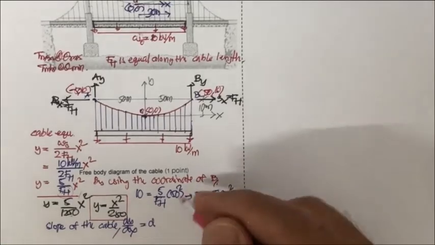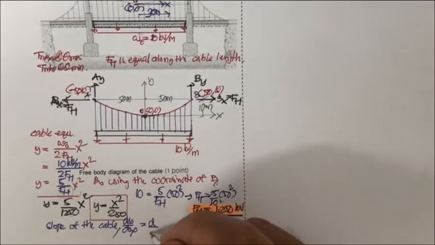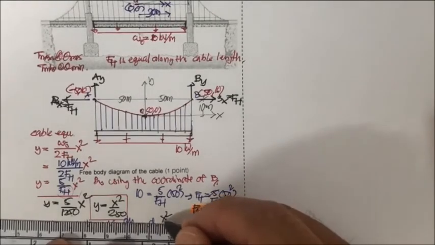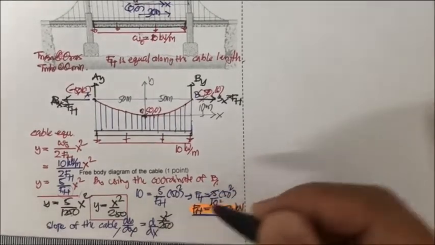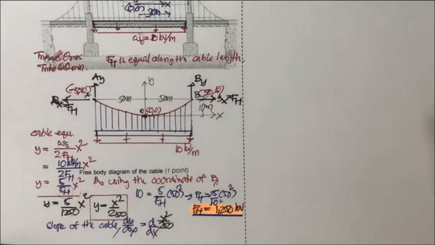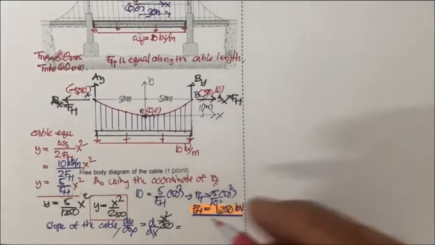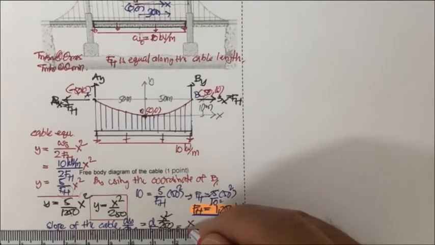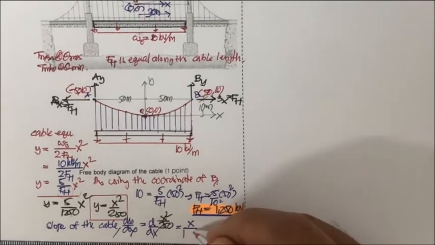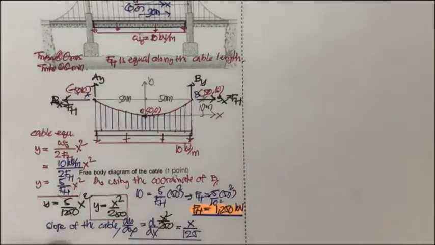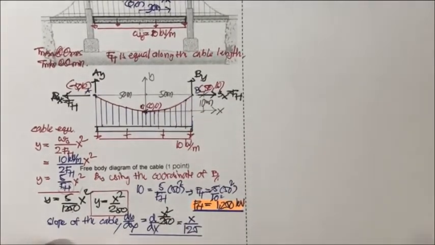You differentiate this equation, x squared over 250, with respect to x, and then you will get x over 125. So that is going to be the slope of the cable.